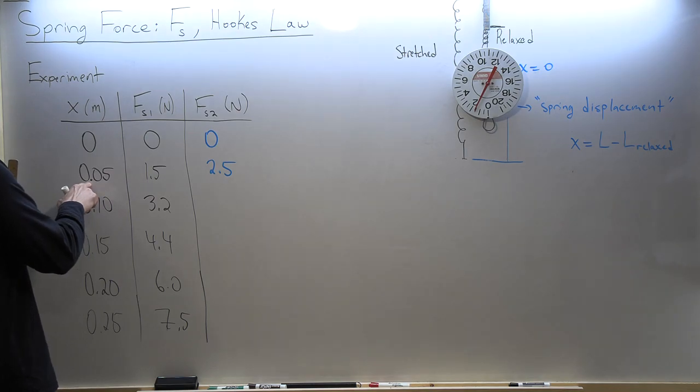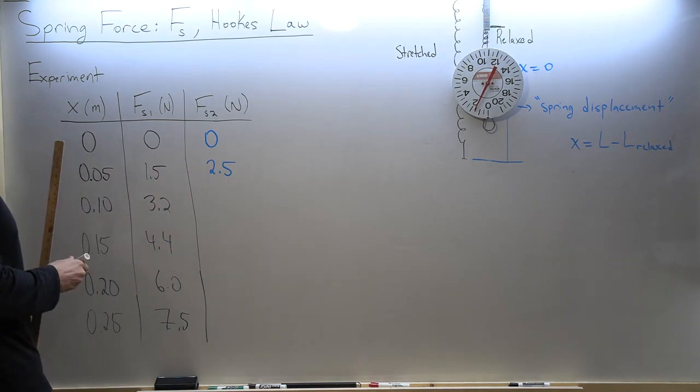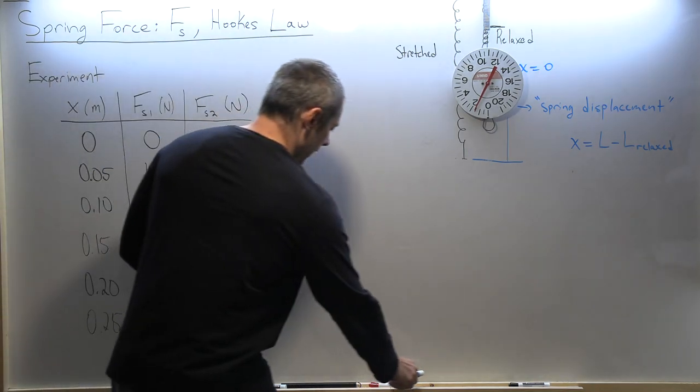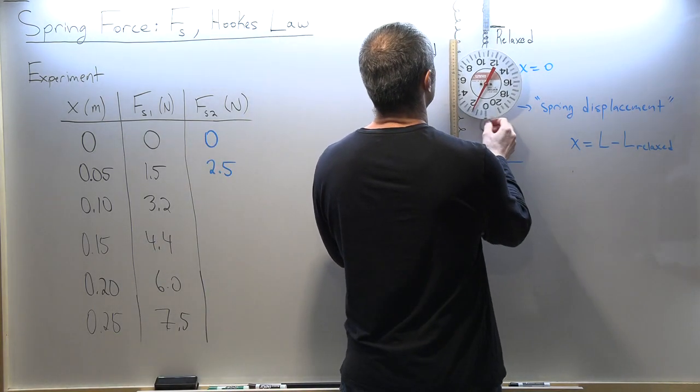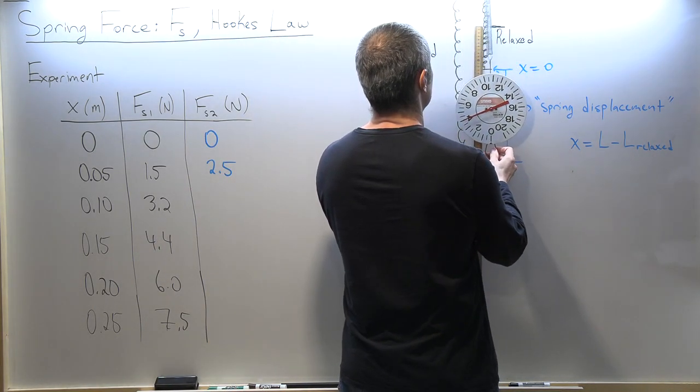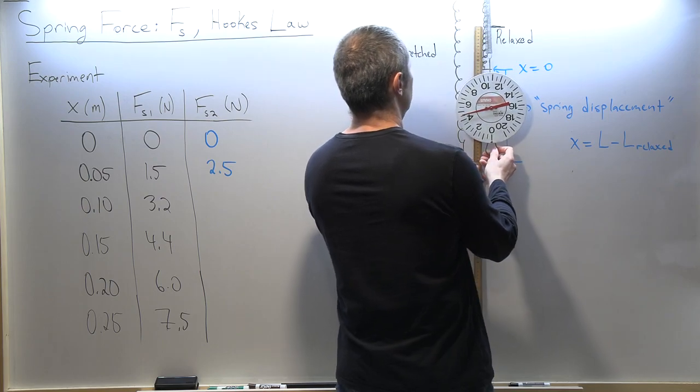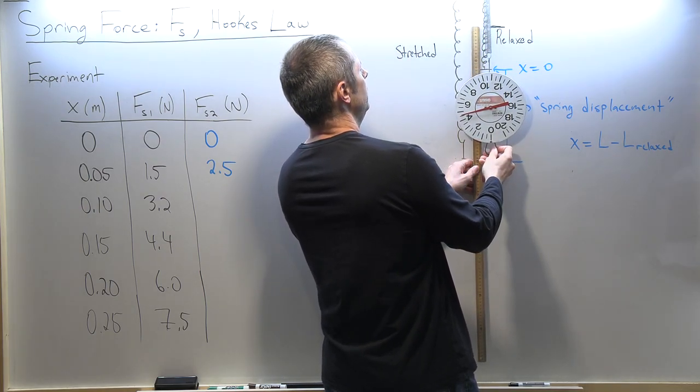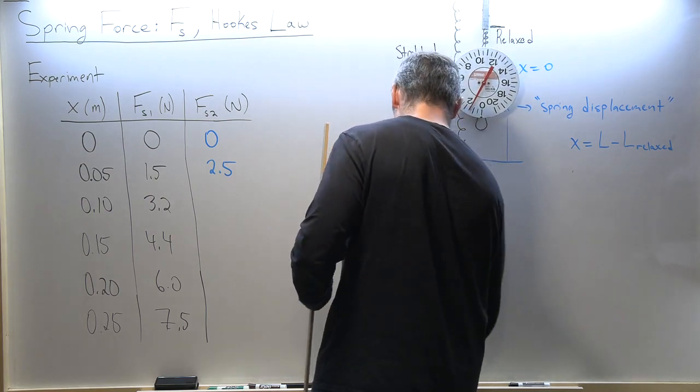So for the same displacement, I get more newtons out of that spring. And let's go to 10 centimeters. About, looks like 4.5 for a 10 centimeter displacement, maybe 4.6.